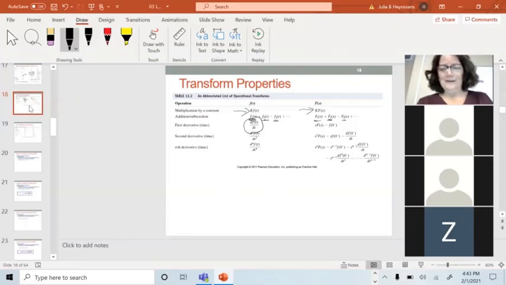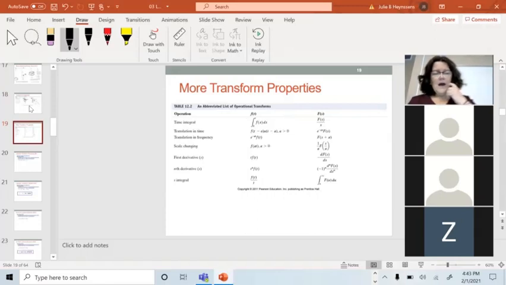Instead of taking the derivative, I just multiply by s, find the transform of the original function, and subtract off the initial condition. So taking derivatives is like multiplying by s. If I want the second derivative, I multiply by s squared. Third derivative, s cubed, and it goes on.